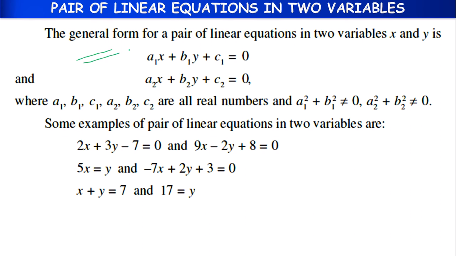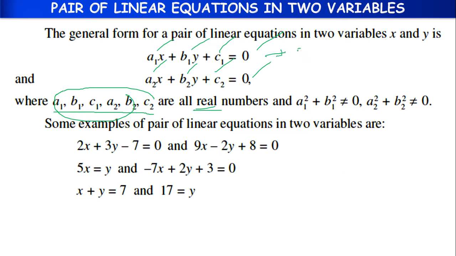The general form of a pair of linear equations in two variables x and y is, two equations: a1x plus b1y plus c1 equals 0, and a2x plus b2y plus c2 equals 0, where a1, b1, c1, a2, b2, c2 are all real numbers. In each equation, a and b should not both be equal to 0.